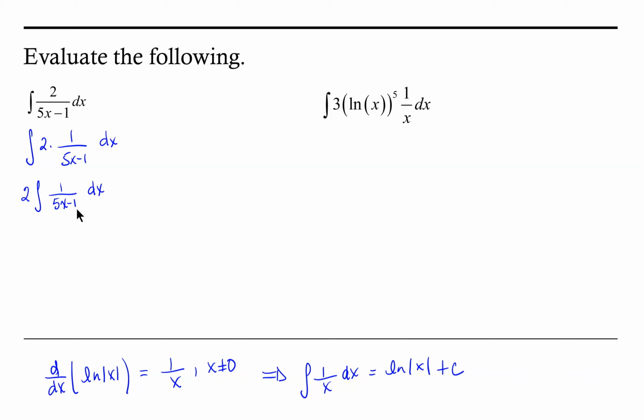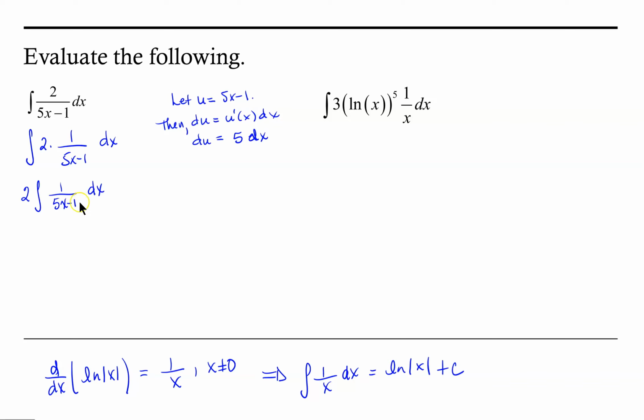Let u equal 5x minus 1. Then our differential du will be u prime of x dx, and u prime of x is 5, so our differential is 5 dx.